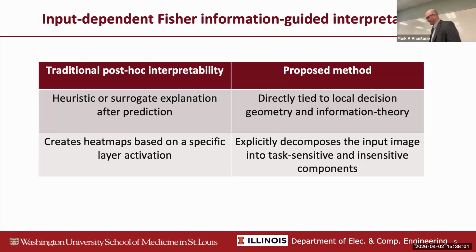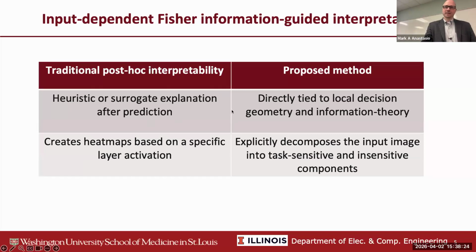And so here's a table to tell you what our goals and objectives were. On the left-hand column, these describe the traditional, or at least most of the traditional, post hoc interpretability methods. They can be heuristic, and in general, they create heat maps that you superimpose on an image to reveal what regions of the input image or what groups of pixels were important.